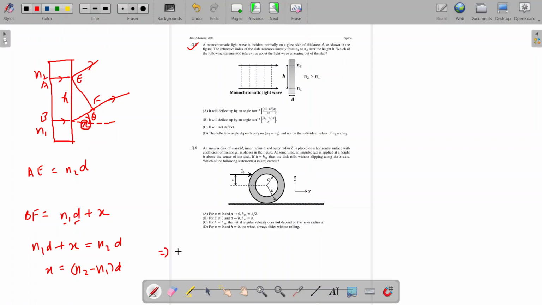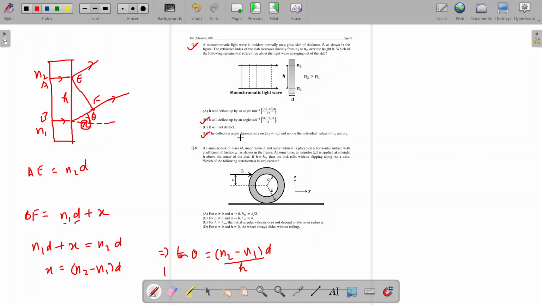So this implies tan theta is equal to N2 minus N1 into d divided by h. So this is option number B and option D.